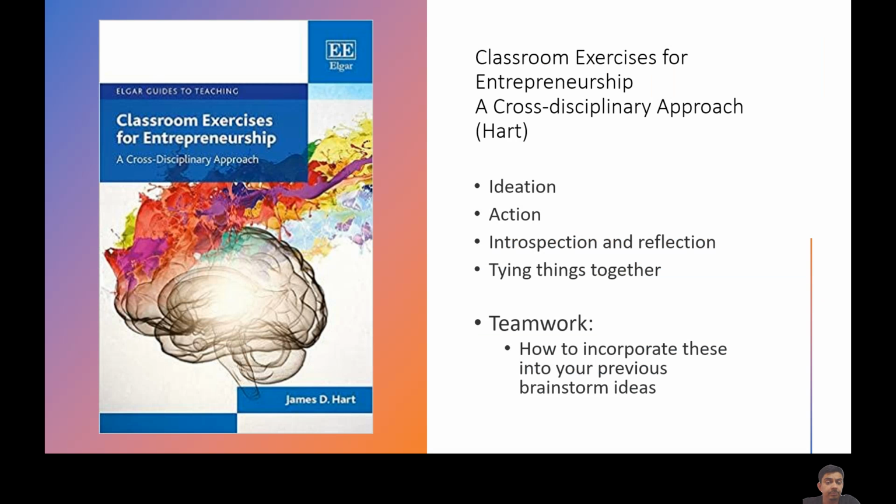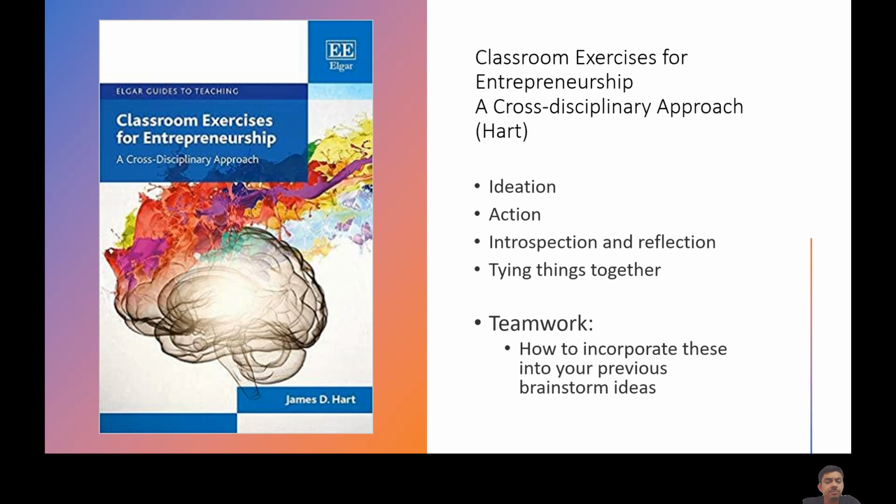After this discussion, a new alignment, a new verification with academic texts, right? So, for example, Hart's book on classroom exercises for entrepreneurship, where it says that in these entrepreneurship classes we should have ideation, we should have action.